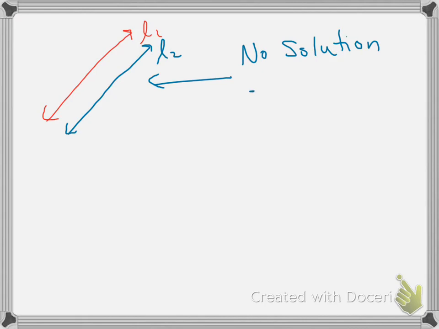We say it's inconsistent, which means it doesn't touch. And we also say this is an empty set. We use the symbol, like a zero with a line through it, as our empty set. This is our third solution.